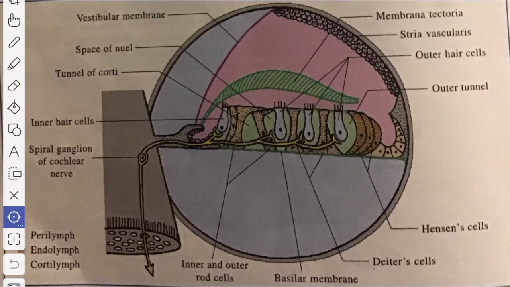Persistent exposure to excessive loud sounds causes degenerative changes in the organ of Corti at the base of the cochlea. This results in high tone deafness which is encountered most frequently among the workers in boiler factories. Hence, it is known as boilermaker's disease.